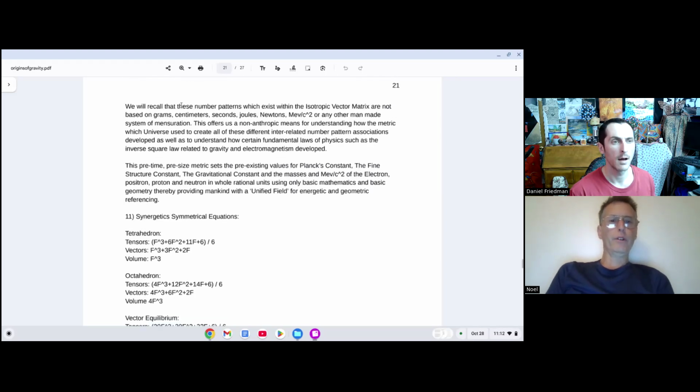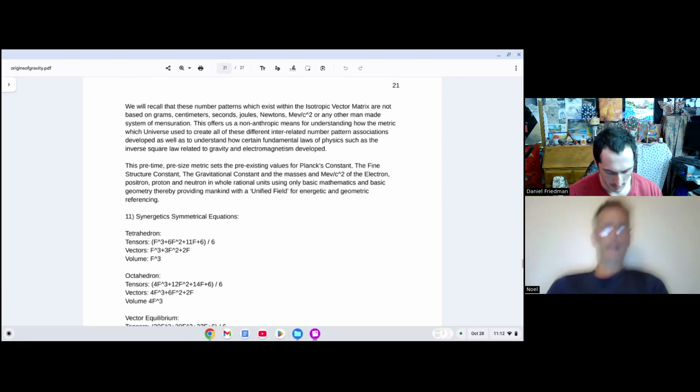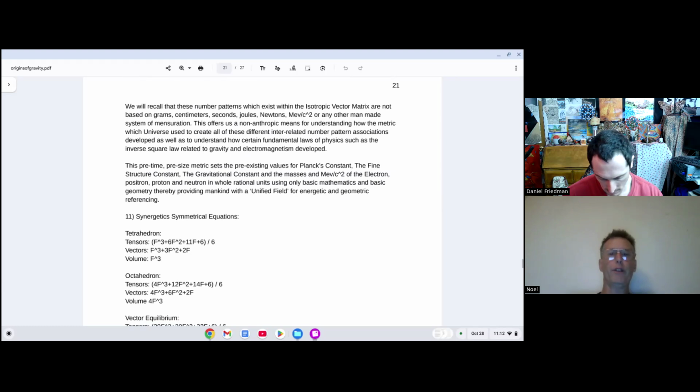So we will recall that these number patterns which exist within the isotropic vector matrix are not based on grams, centimeters, joules, seconds, newtons, MeV, c squared, or any other man-made system of mensuration. And so this offers us a non-anthropic means for understanding how the metric which the universe used to create all these different interrelated number pattern associations developed, as well as to understand how certain fundamental laws of physics, such as the inverse square law related to gravity and electromagnetism, developed.